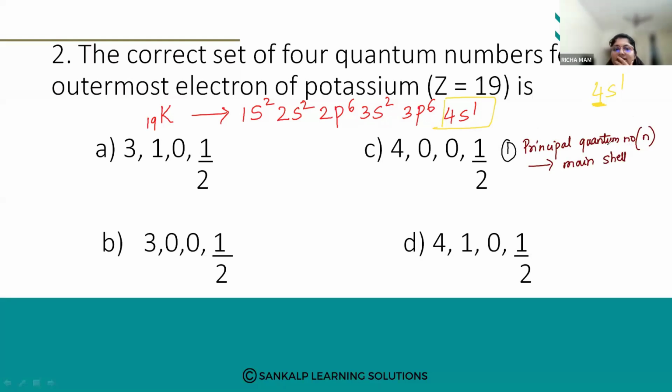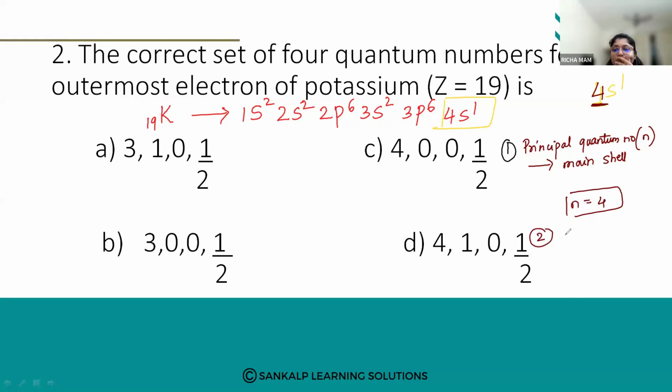Here the main shell is 4. The value starts from 1, 2, 3 and 4. So n is equal to 4. Here the principal quantum number is n equal to 4.